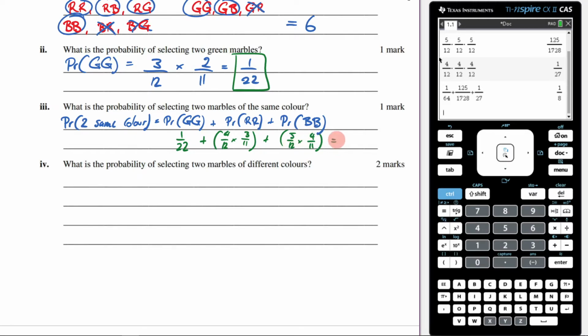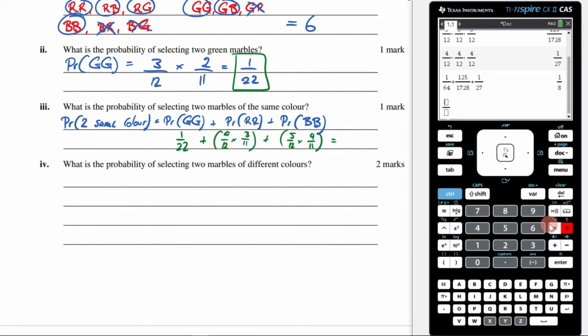And now you're going to do that. So we're going to come here. We already knew one of them. One was 1 on 22. Then you're going to add this.